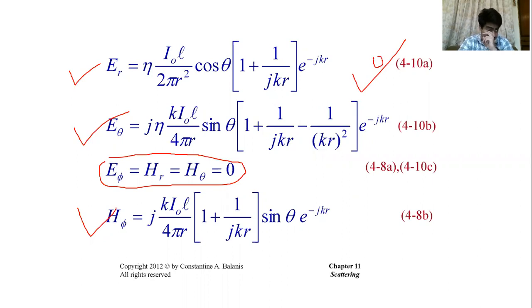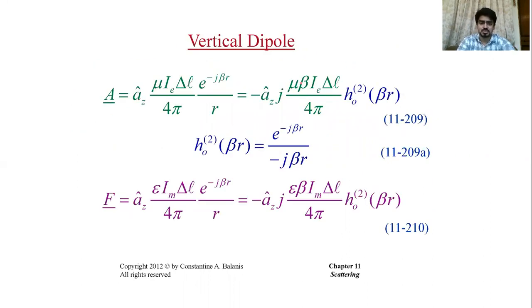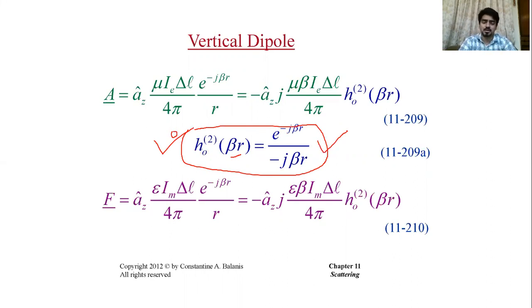Now what we can do is write that in terms of spherical wave functions. So how will we do that? We know that the Hankel function of second kind, for a large argument of beta r, has the asymptotic expansion of this format, right? This is the asymptotic expansion which we have been using a lot of times when we discuss cylindrical functions, cylindrical structures.